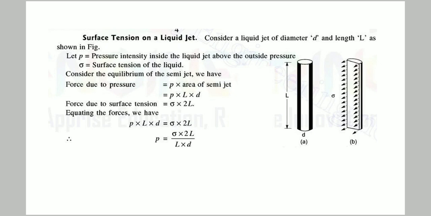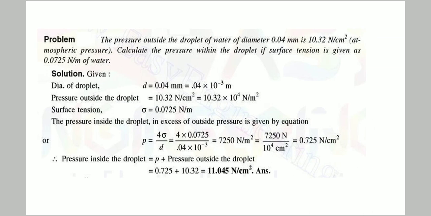The pressure force acts on the area of the semi jet, so it is P into length into diameter. The surface tension force acts along the surface, so it is sigma into 2L. Equating both, we get P is equal to 2 sigma L by L D, and on simplification we get 2 sigma by D.